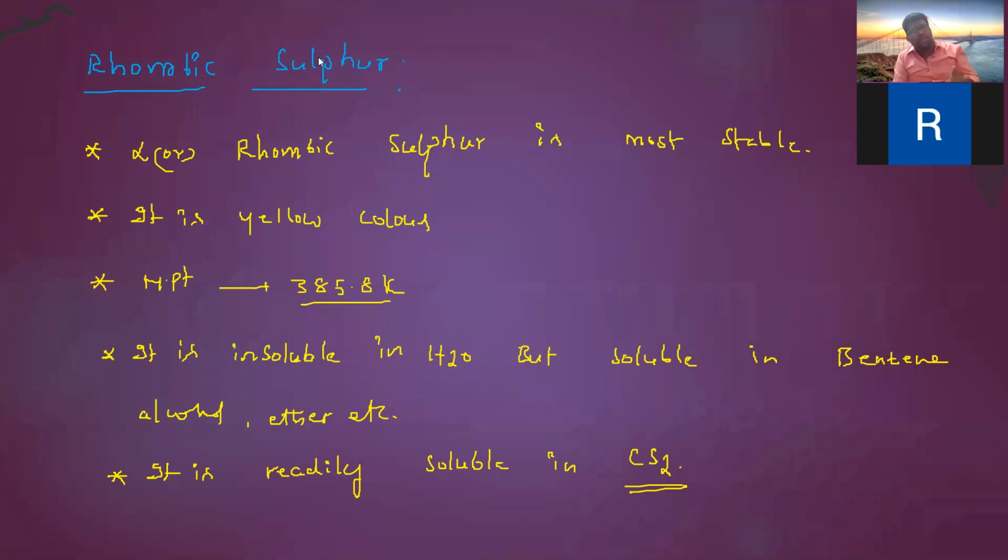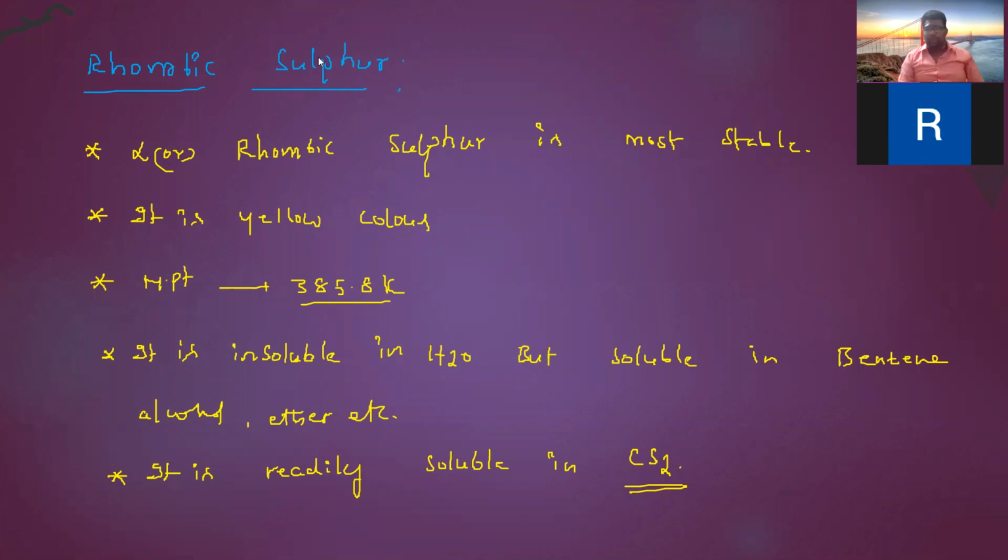In inorganic chemistry, 90 to 95 percent of questions come from NCERT only. So follow our material or the NCERT textbook pin to pin. Underline each and every point and read carefully because the questions are direct.